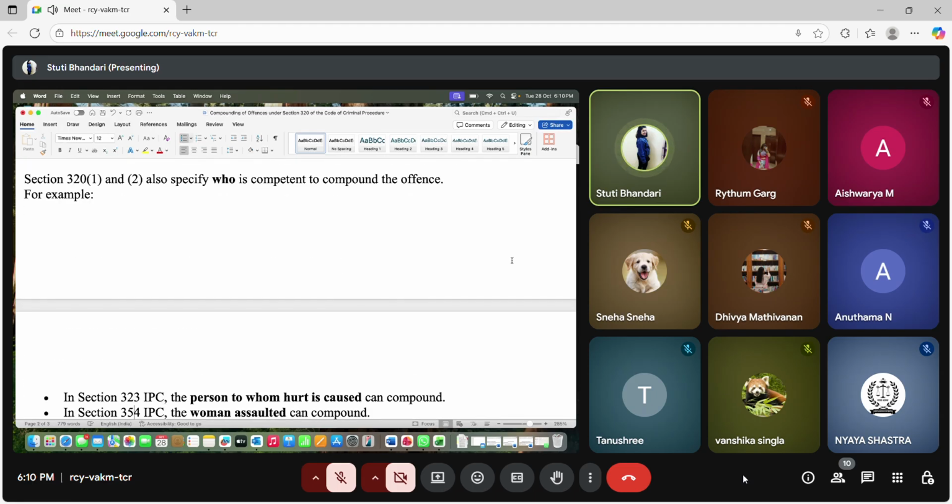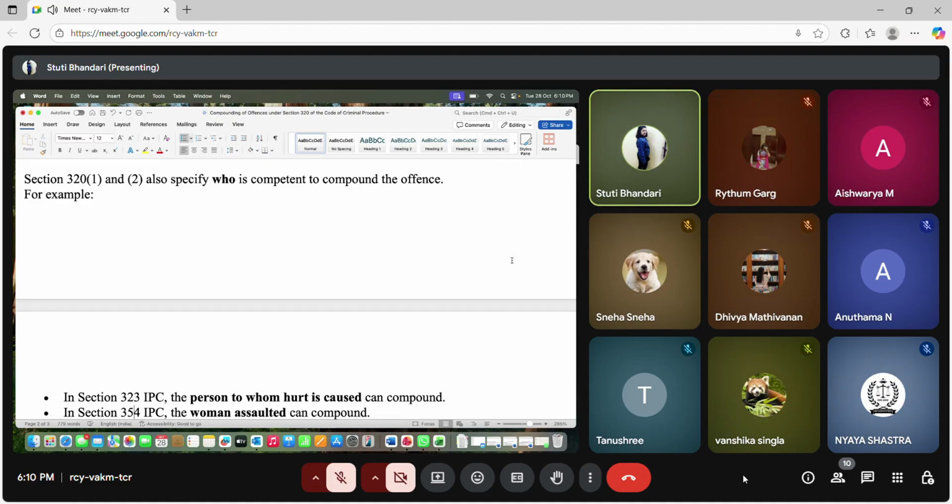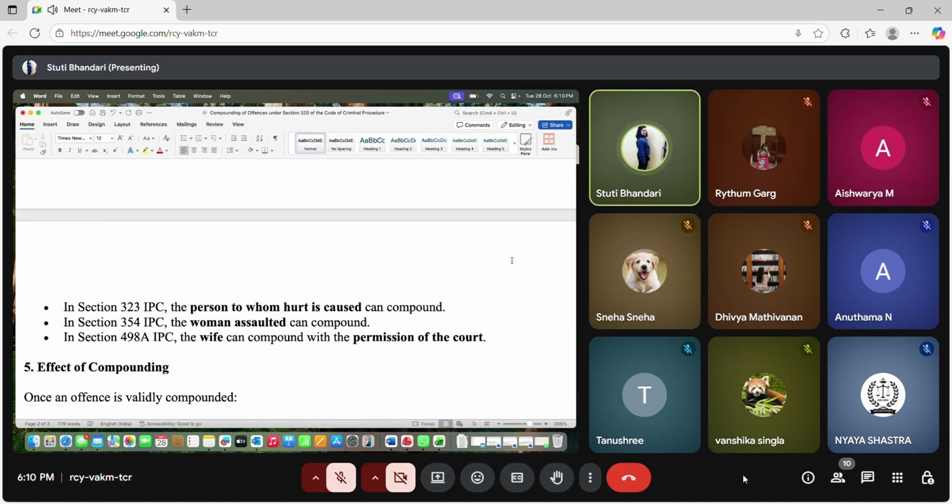Now coming to who can compound it. If someone has hurt me or caused me hurt, I as the victim can compound the offence, or the woman who has been assaulted under section 354 or 498A. Basically the victim can compound the offences.